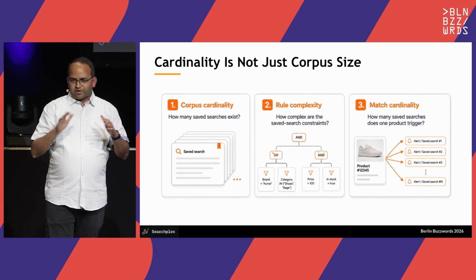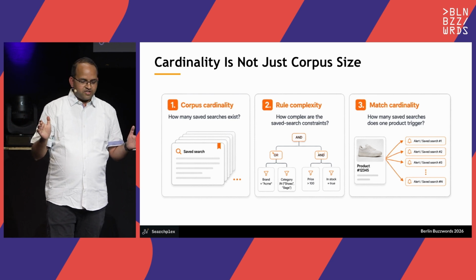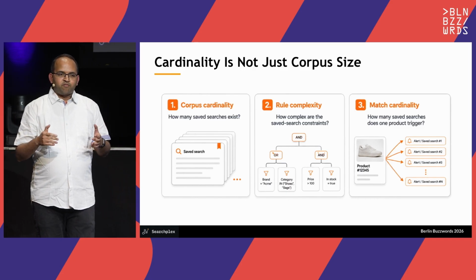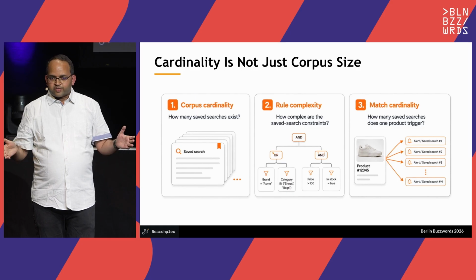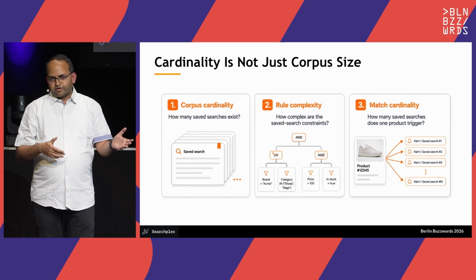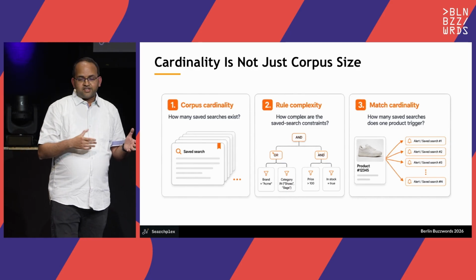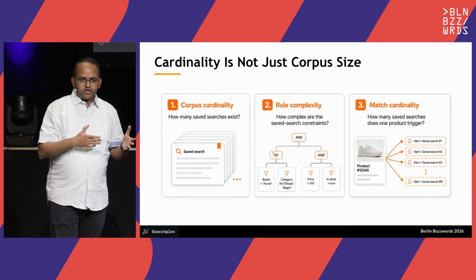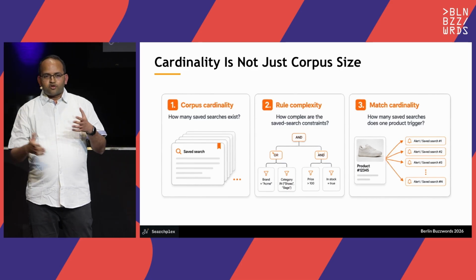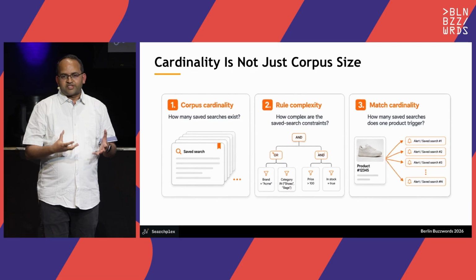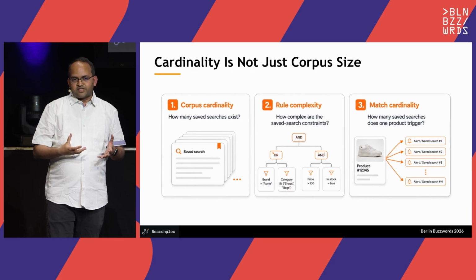Then that's the broader saved search. Then there can be saved searches where they are giving the range of price, n number of possible countries it has to ship, or the size options, which is also multiple values. So the more things you add, the rule complexity is going to matter.